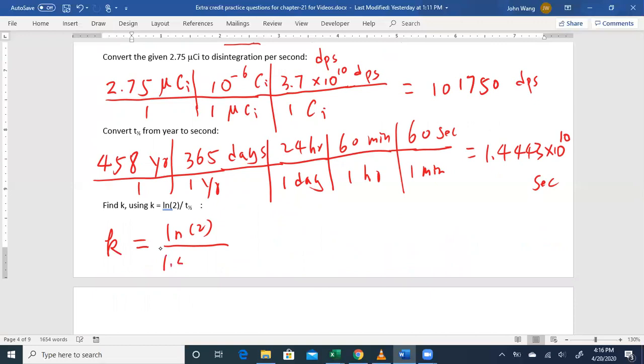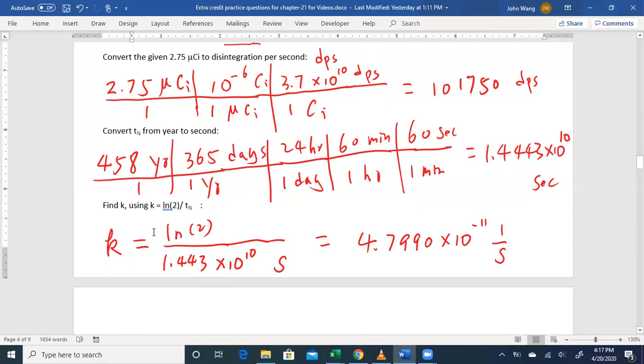So divided by 1.443 times 10 to the positive 10 seconds, and you do the division. So you get 4.7990 times 10 to the negative 11 per second.